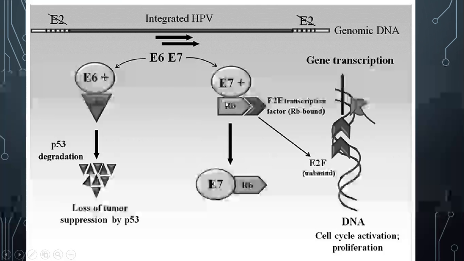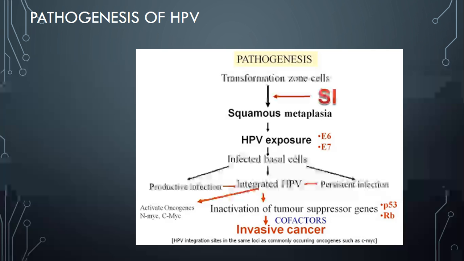E7 binds and just causes it to keep going. This one inhibits and destroys. And so this is what causes the gene transcription, and then it's at an unregulated rate and there's no stopping it. So what's the pathogenesis of HPV?